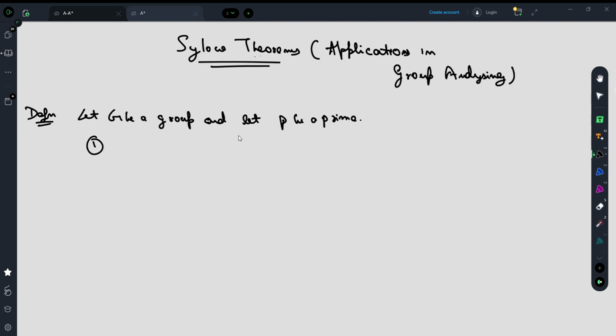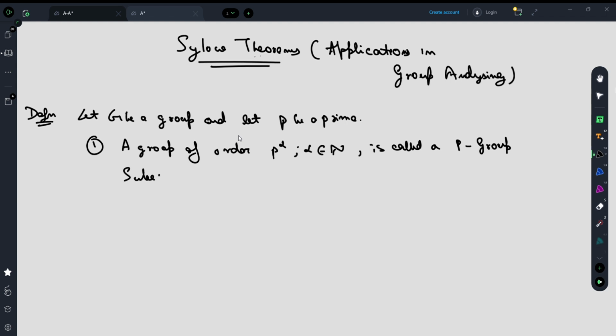Then number one, a group of order p to the power alpha, where alpha is a natural number, is called a p group. We can also think of natural numbers including zero.